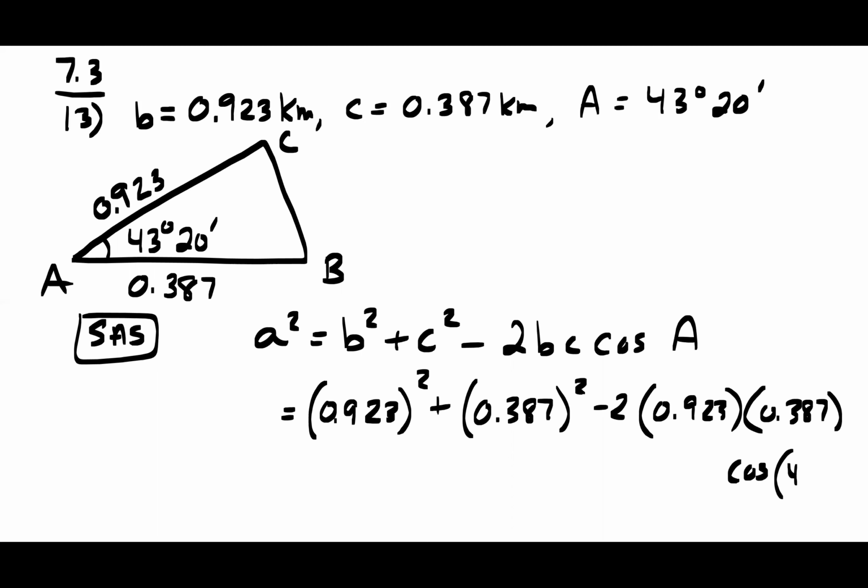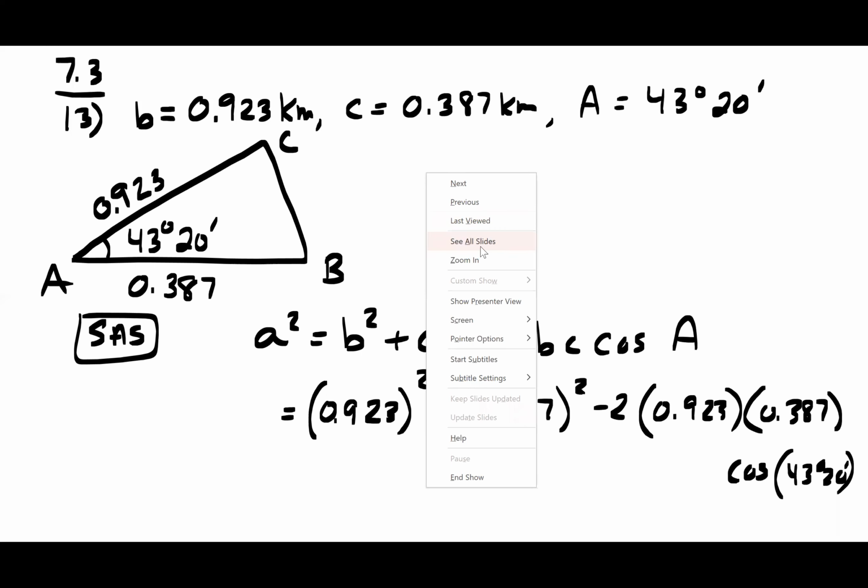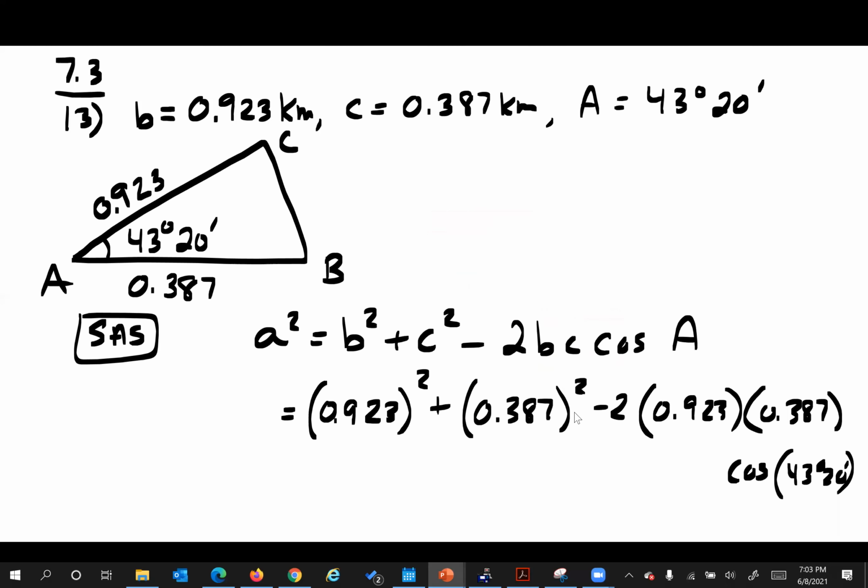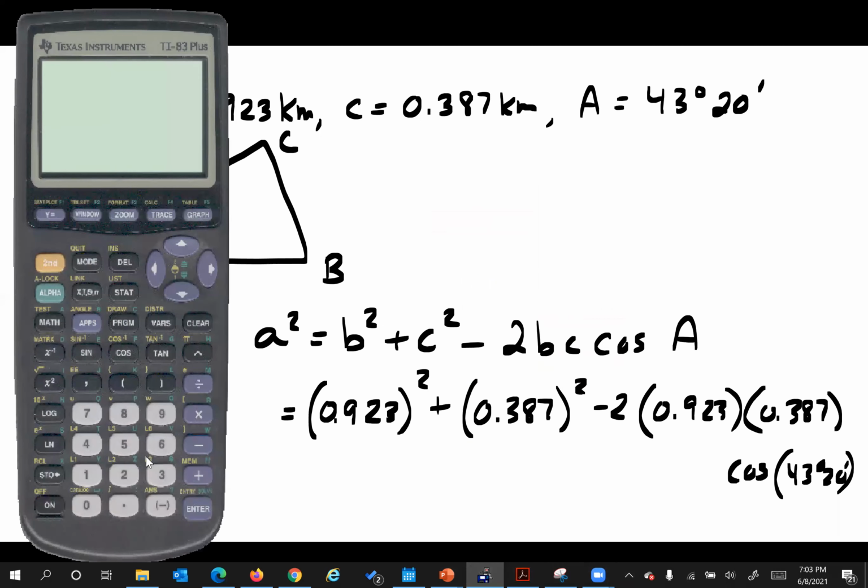Let's punch this into a calculator, which I think most of you did well. Your calculator, TI-82, 83, all those calculators, will very nicely do the order of operations correctly, so you can just punch this in as is and it spits out the value.